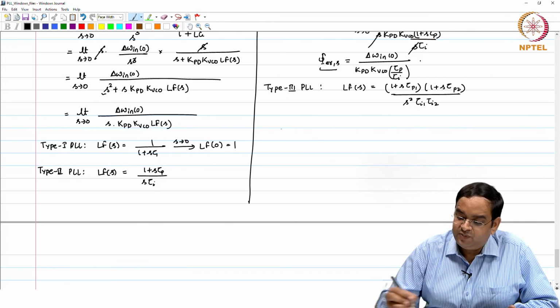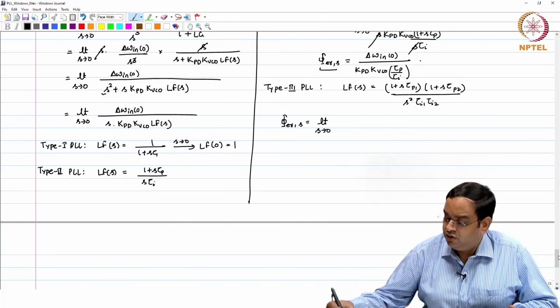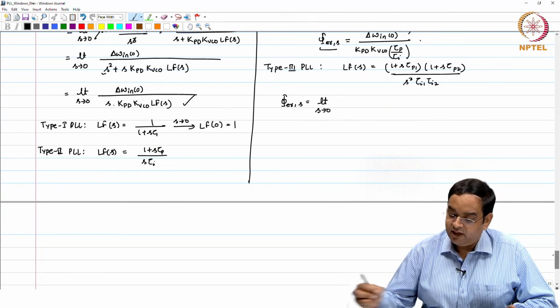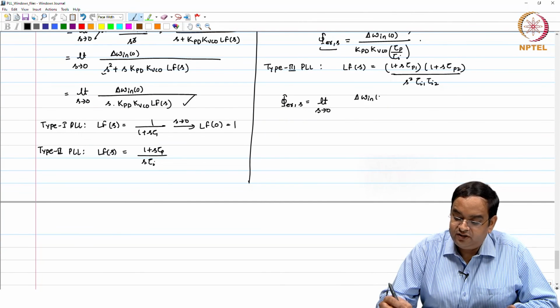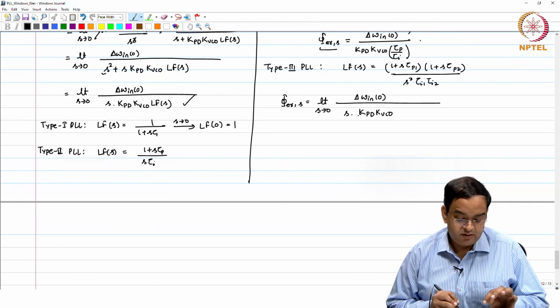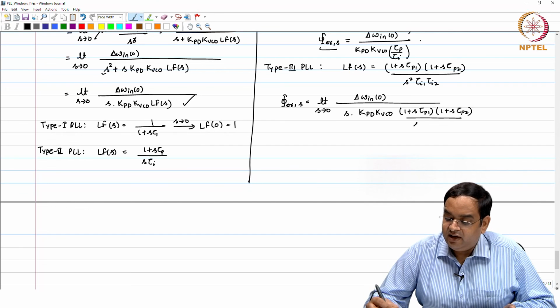Okay. So, for this particular loop filter, for frequency ramp, let us calculate the steady state phase error. As S tends to 0, we will use the simplified expression which was given here. You have delta omega in 0 divided by S times KPD KVCO, into loop filter of S. So, I will put this as (1 plus S tau P1) into (1 plus S tau P2) divided by S square tau I1 and tau I2.